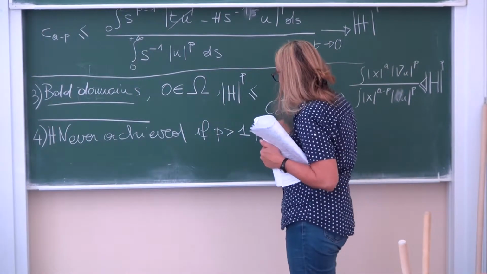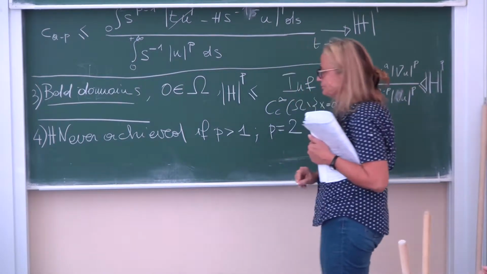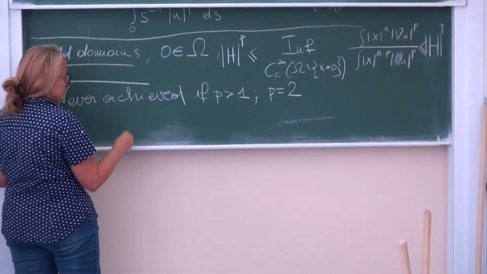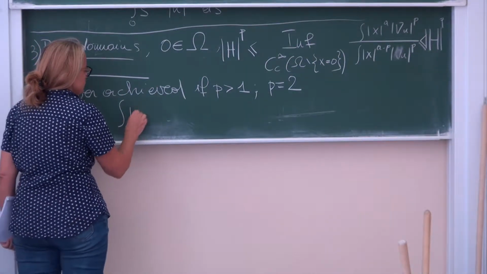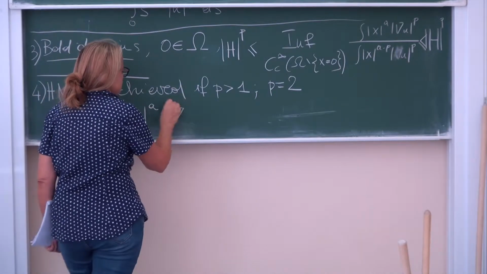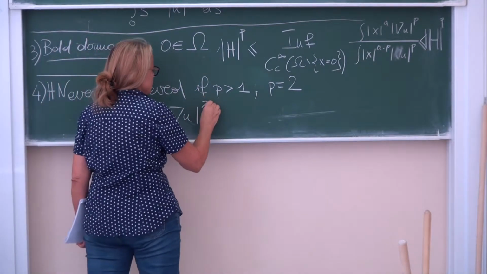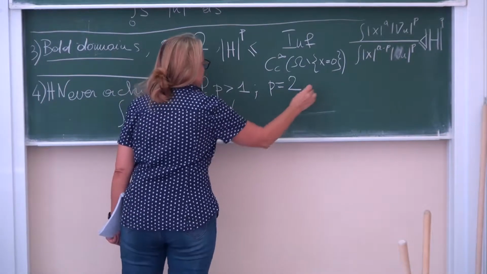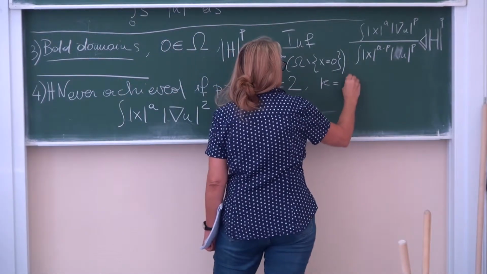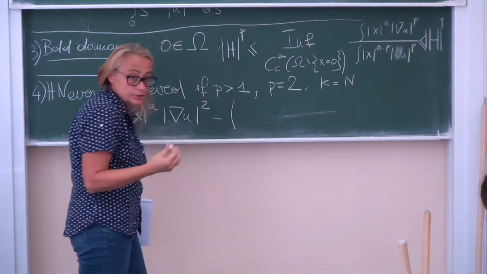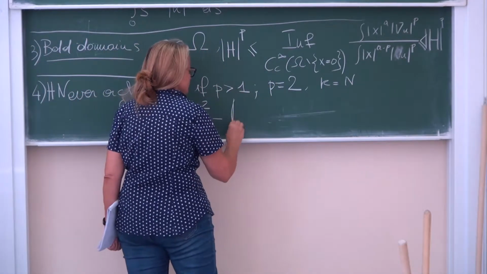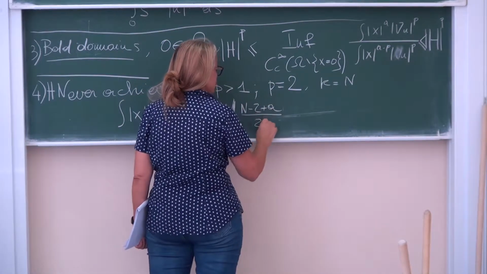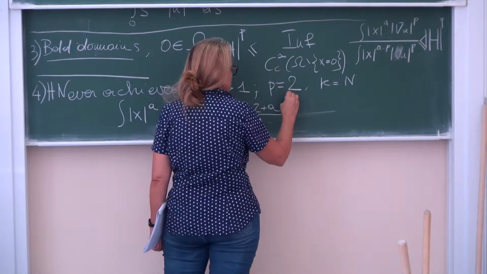But for P equal to 2, the proof is really evident because in the first lecture I have suggested, say for k equal n, for instance, this is just an example. This is the value of H in this case.